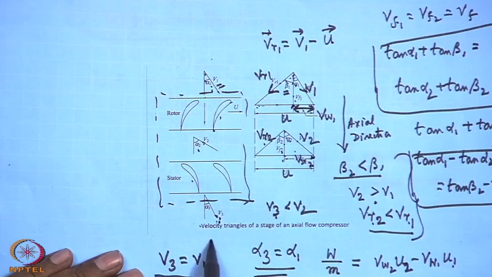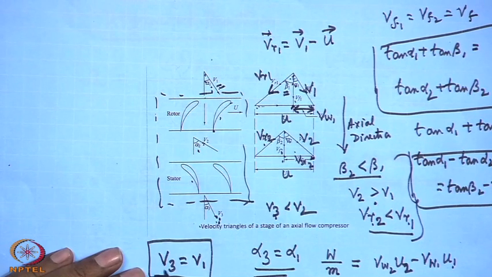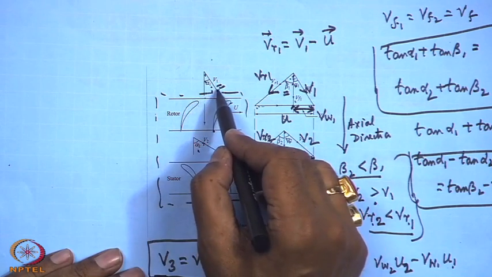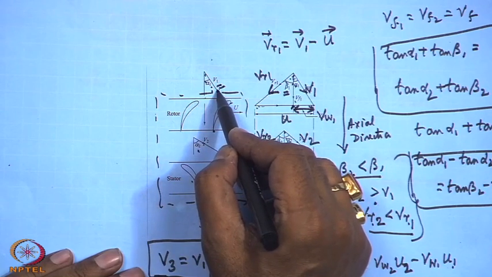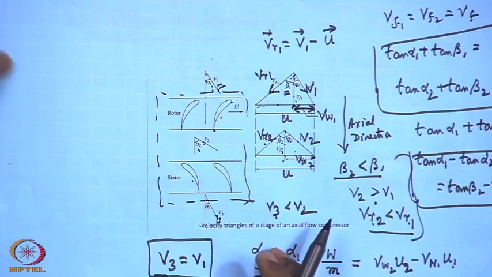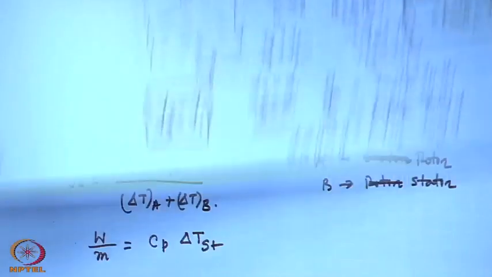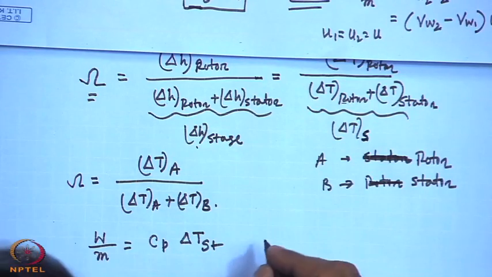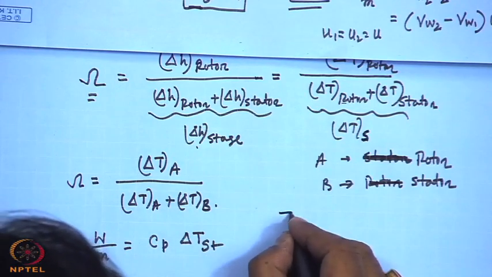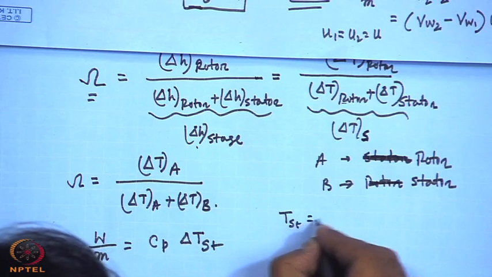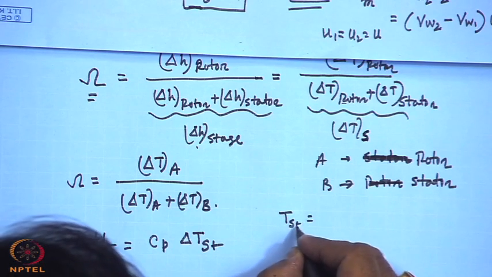If we make a design like that, that the absolute velocity at the discharge, or at the outlet, of one stage becomes equal to its inlet velocity at this stage. You understand? So that we can write V3 is V1. In that case, what is T total, the stagnation temperature at 3, for example T3T.